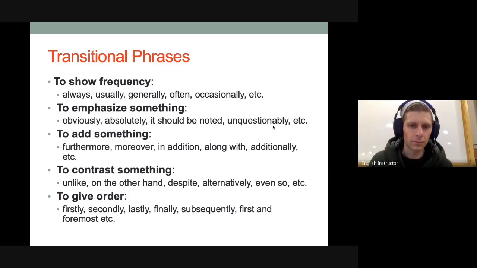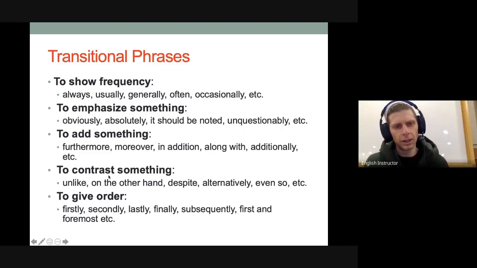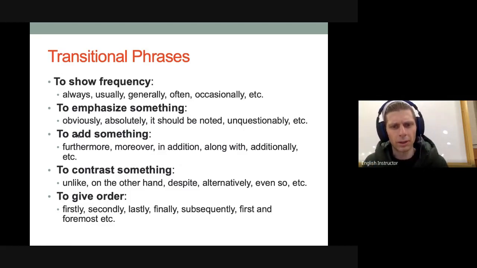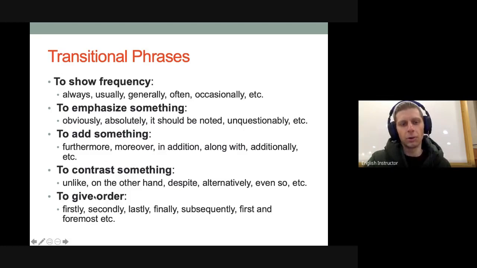The ones that you'll probably use most often are going to be the ones that either add or contrast. So if we're adding something, if we're moving from paragraph 1 to paragraph 2, or we're adding another example to a paragraph that already had a clear example, then we can add something. And so you say things like furthermore, in addition, next, second, although second comes down in order.